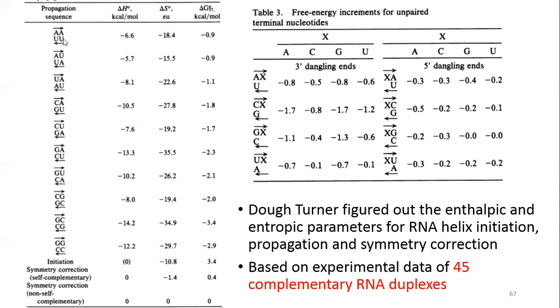If such is the case, the change in free energy associated with such stacking would be minus 0.9 kilocalorie per mole. And subsequently he figured out the values for each and every possible combination of such propagation sequence. Why do we call this a propagation sequence? Because it is way in the middle. This has already been formed, and subsequently the next propagating base pairing and stacking event is going to happen. So these values are to be used for propagation sequence.